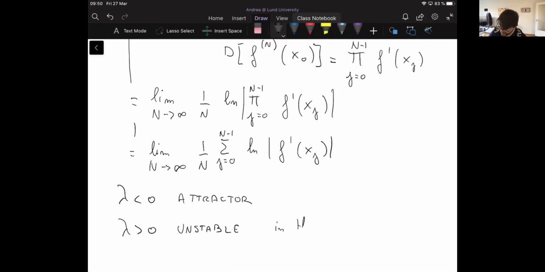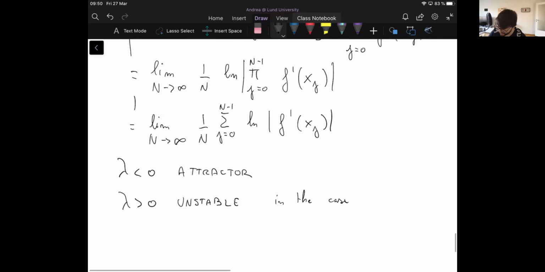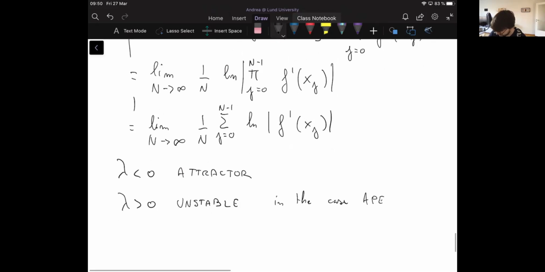In the case that you have an aperiodic behavior, usually this means that it's chaotic. For the maps, this means that it's chaotic.